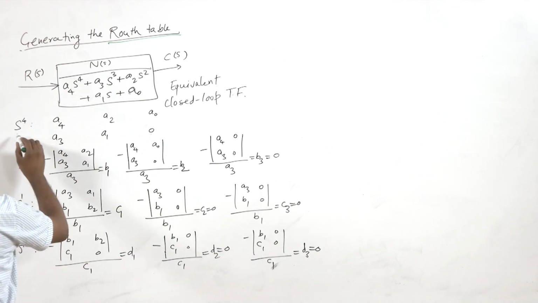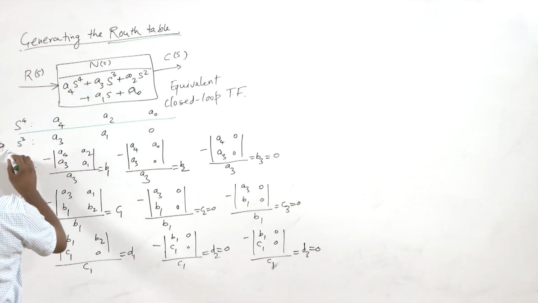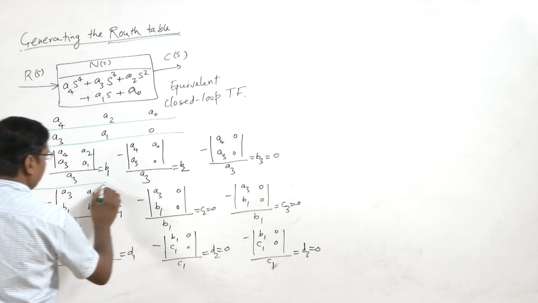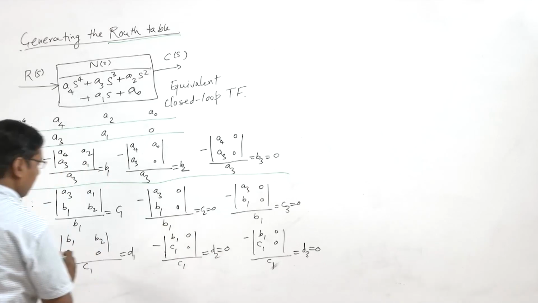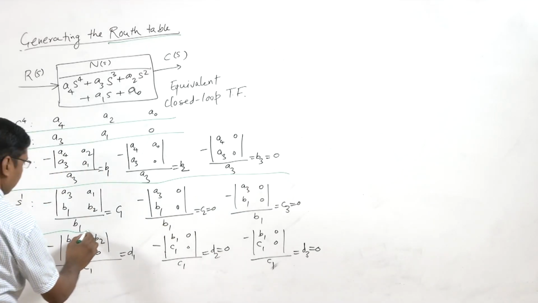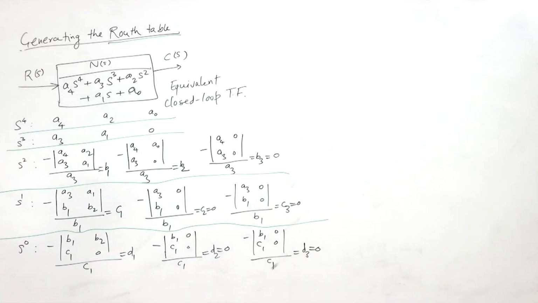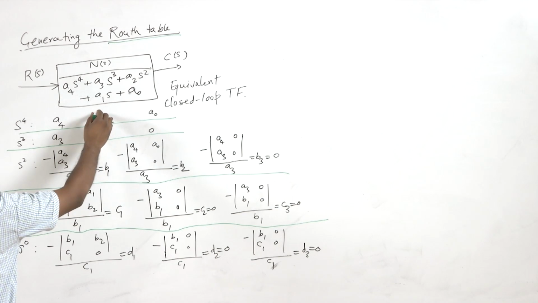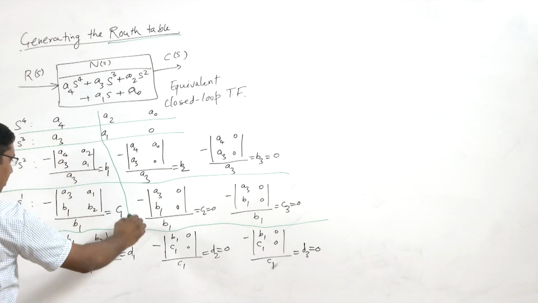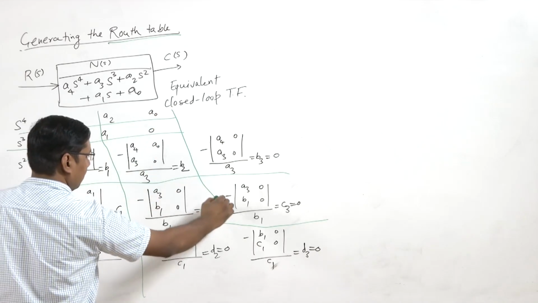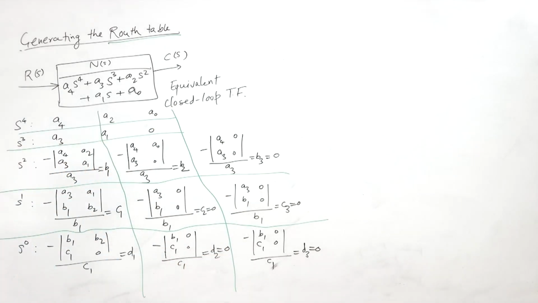So you can see here A4, A2, A0, this is the second row, this is the third row, and here is the fourth row, and this is the fifth row. And similarly here is the first column, then the second column and the third column.